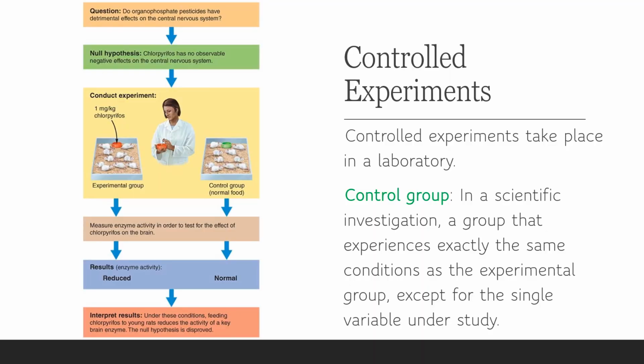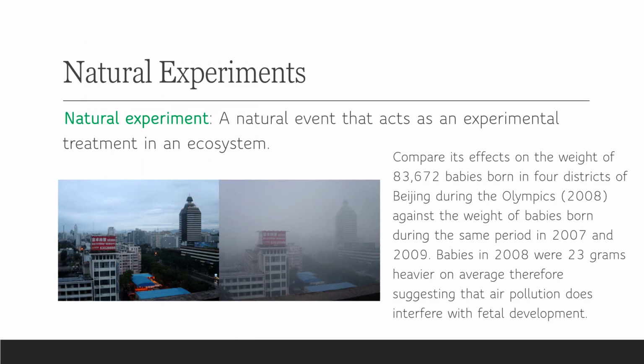What we've been describing so far is all about controlled experiments, or experiments done in the lab. Natural experiments are a natural event that acts as an experimental treatment in an ecosystem. These natural experiments often are observational studies that compare numbers.